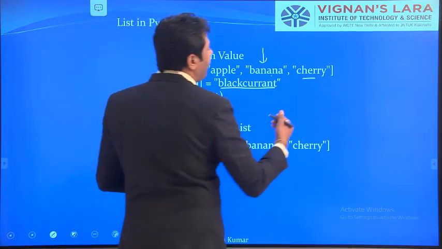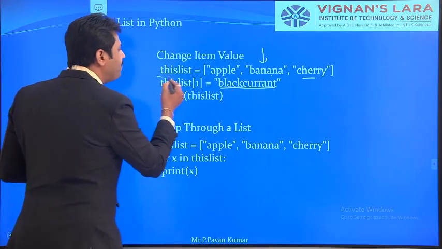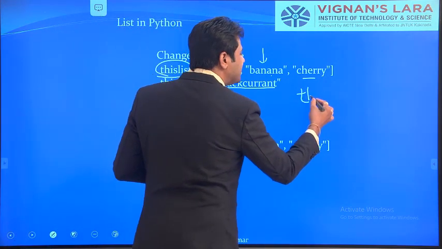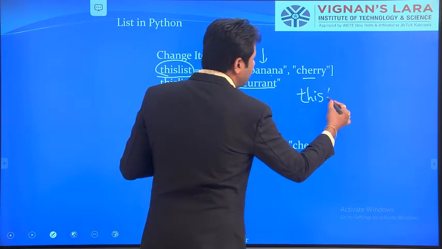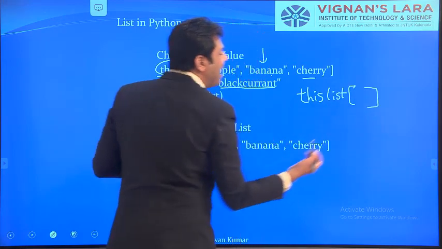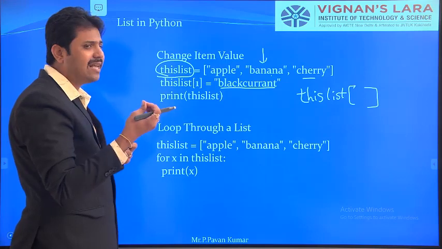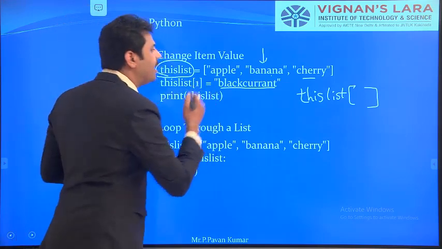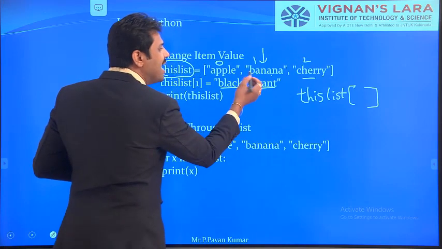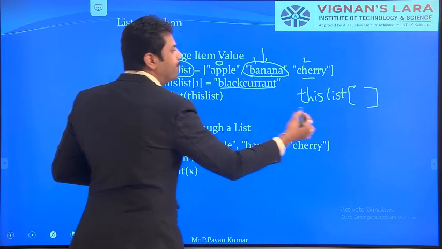Just take the list name. What is the list name? This list, of, at which index you want to place this blackcurrant. The indexes are 0, 1, 2. This index is 1.